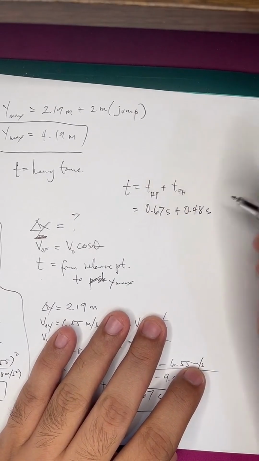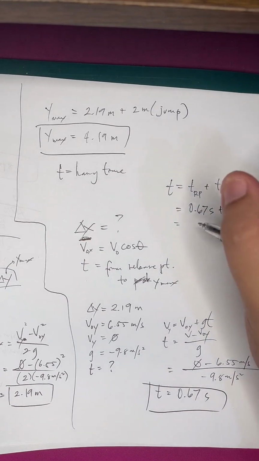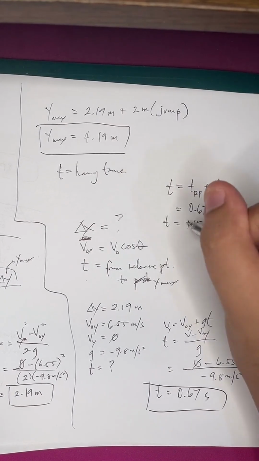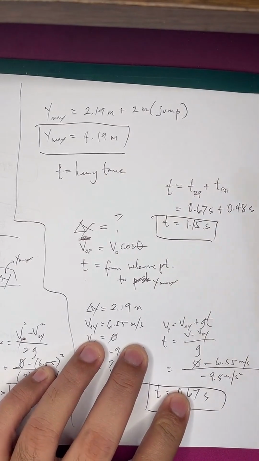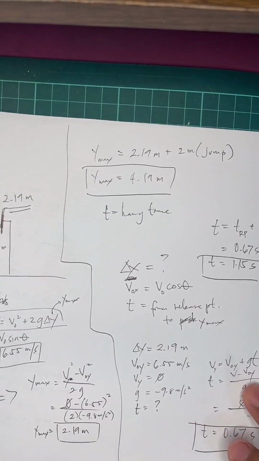So this is not entirely a professional setup at all, but hey, it worked. So again, 0.67 plus 0.48 is about 1.15 seconds. And that would be the time we can use to determine our range.